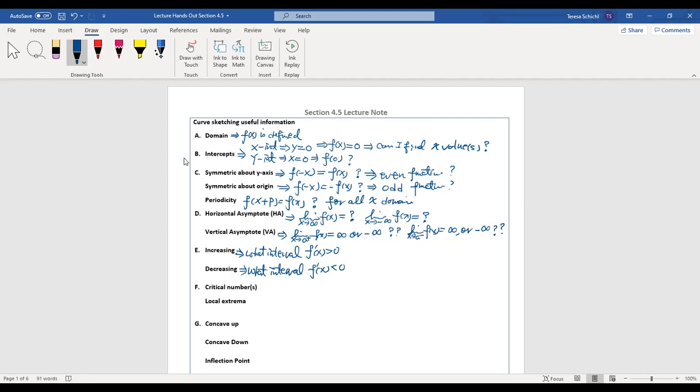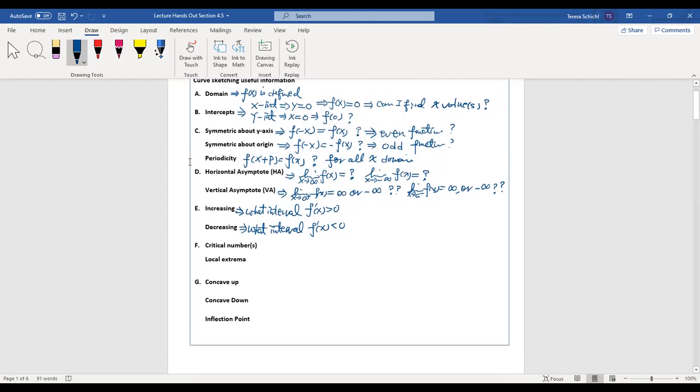Then the critical values here. So the critical value, do we have any critical values? So what is the critical value? Do I have f prime of x equal to 0, or f prime of x does not exist? Both those places define my critical values. So do I have such values here?